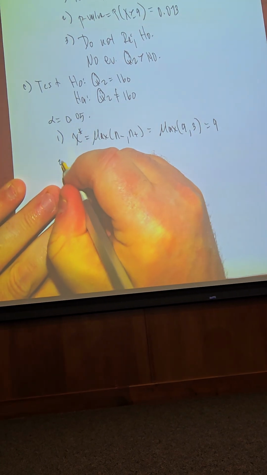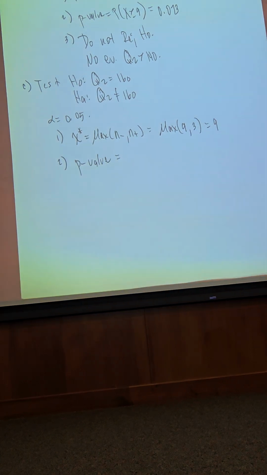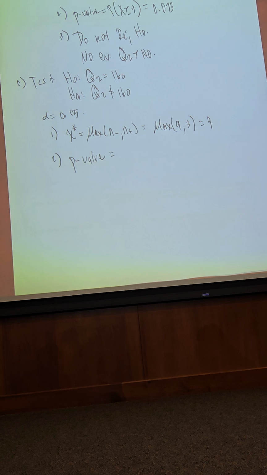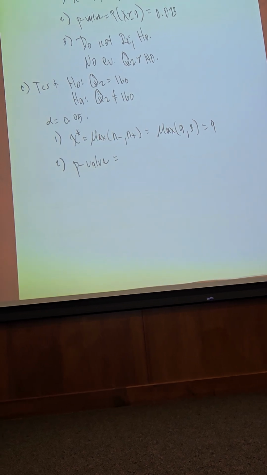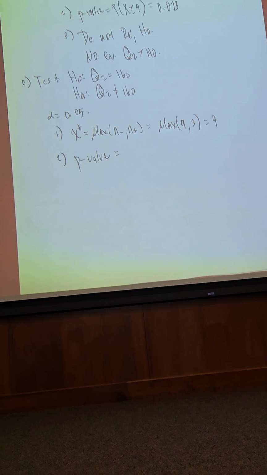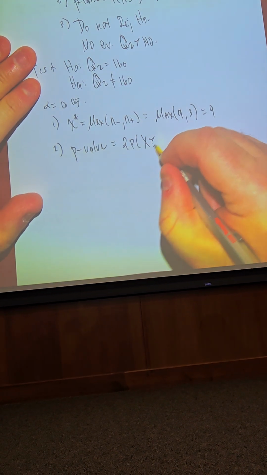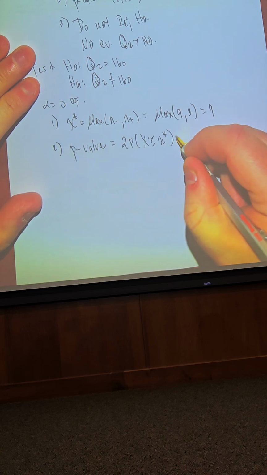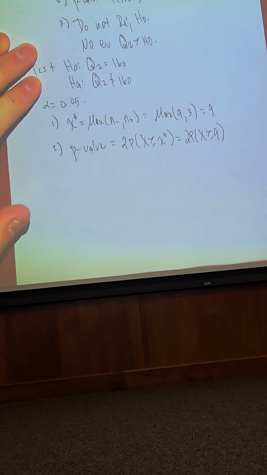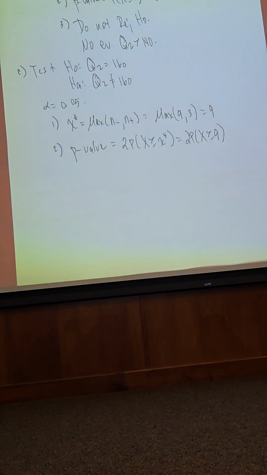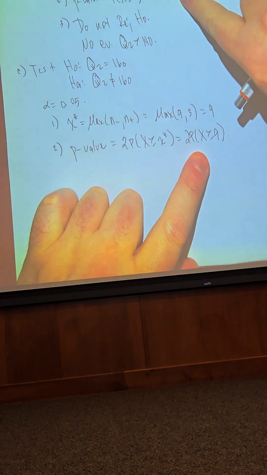Now my p-value. Be careful, we have a two-sided alternative, so what's my p-value going to be? Twice the probability that x is greater than or equal to x star. So it's twice the probability x is greater than or equal to 9, which is twice 0.073.